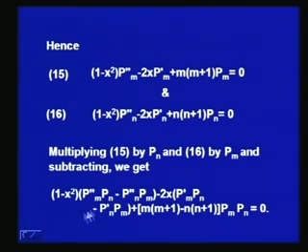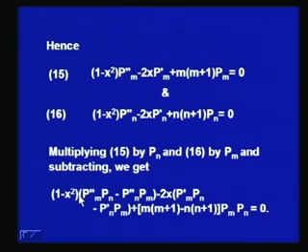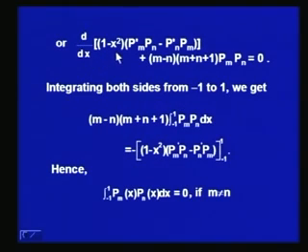The first two terms, (1 - x^2)(P_m'' P_n - P_n'' P_m) - 2x (P_m' P_n - P_n' P_m), can be combined to give the following: d/dx of (1 - x^2)(P_m' P_n - P_n' P_m).